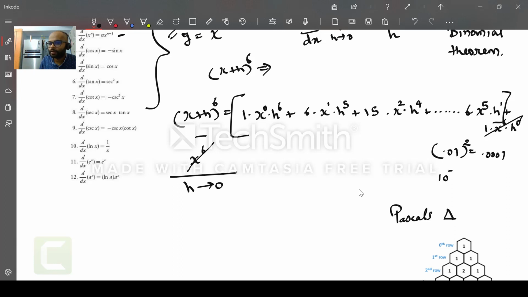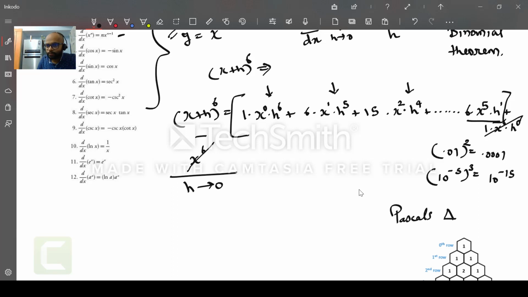If it is 10 to the power of minus 5 and you make a cube of it, it becomes 10 to the power of minus 15. So that is why all these terms where we have h to the power of 6 or h to the power of 5 or even 4, we can neglect them because h is very less, and if we raise it to a power of 6, it will be almost 0. So that is why we can neglect these terms.